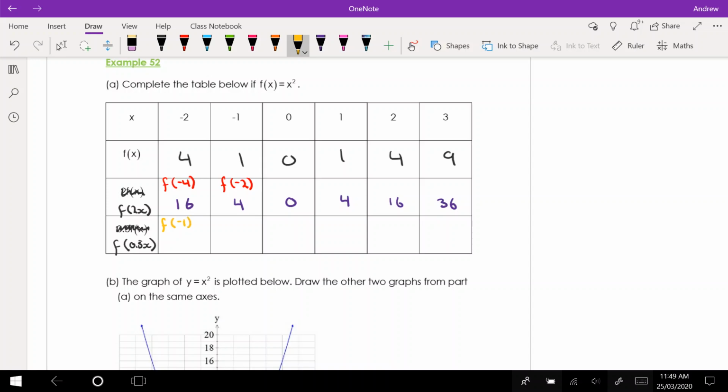Because I'm dividing negative 2 by 2. Here would be negative a half. This would still be 0. This would be a half. And so on. You're just dividing them all by 2 as you go across. And so negative 1 squared, that's quite easy. That just gets me to 1.